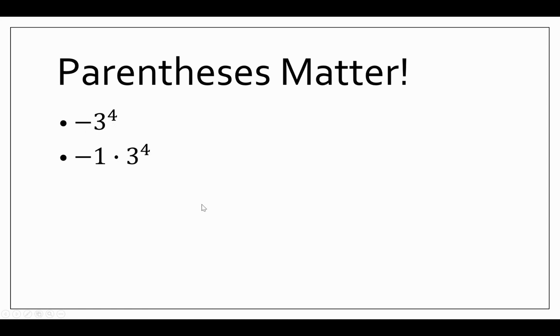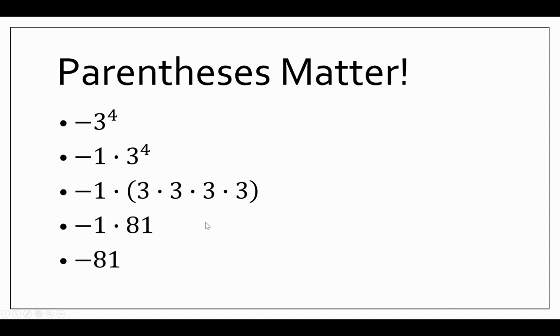So when you see a negative symbol out front without any special parentheses, we're going to solve it as though the number is a positive and just pull that negative off for a moment. So we'd solve this as -1 times 3 times 3 times 3 times 3, giving us -1 times 81, which is -81. Very different from this little buddy.